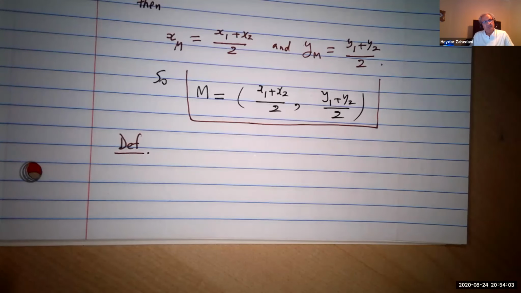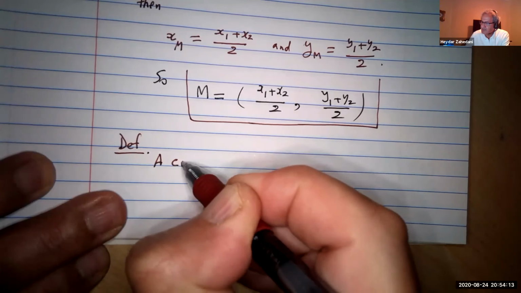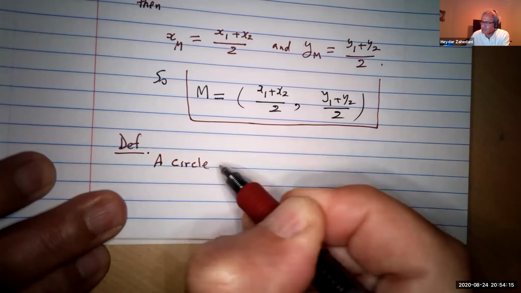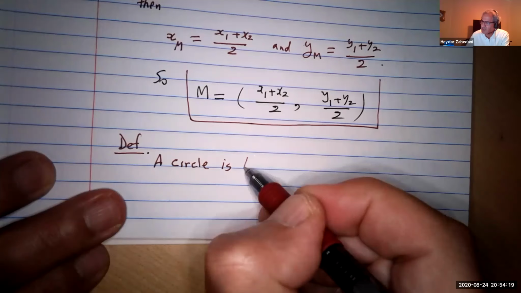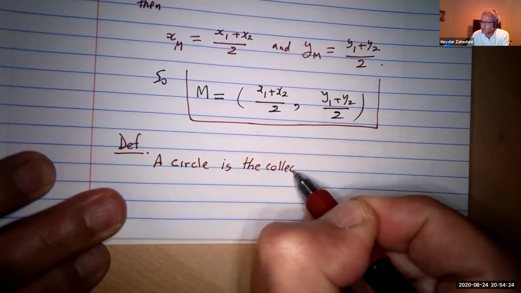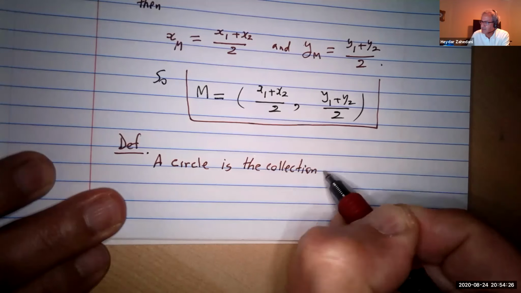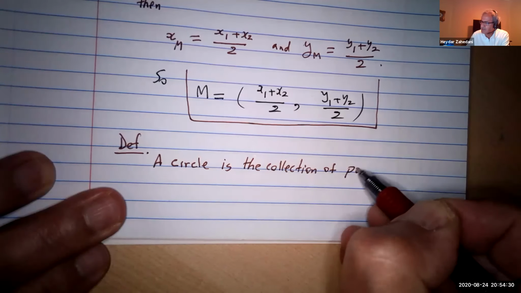That fixed point is called the center. That fixed number is called the radius. So a circle is the set, the collection of points.